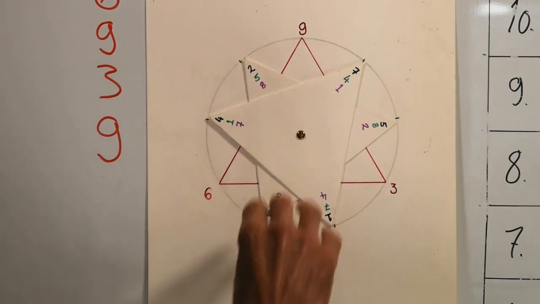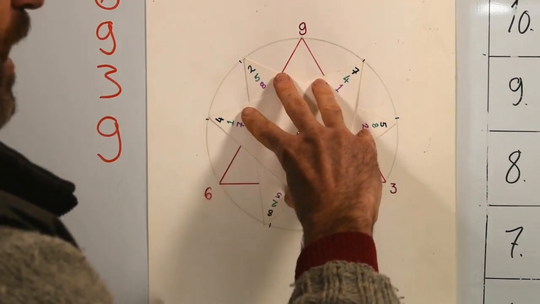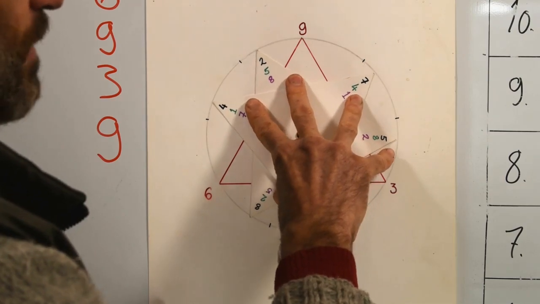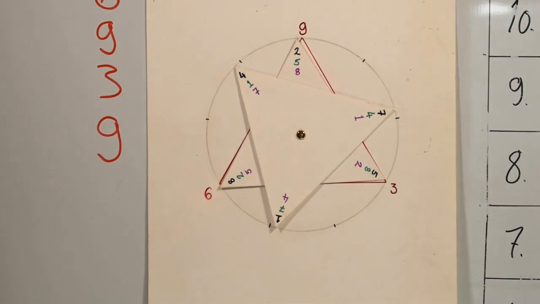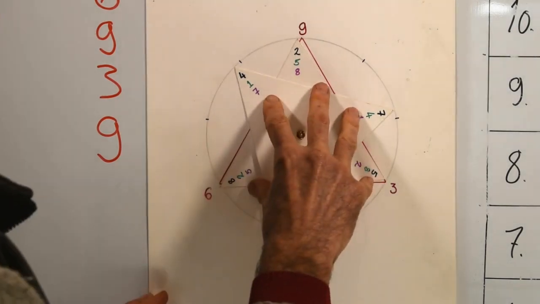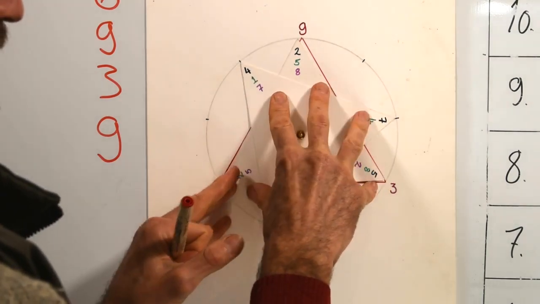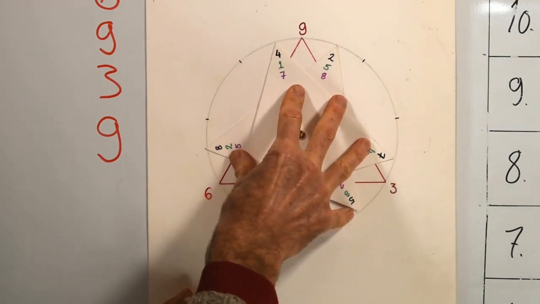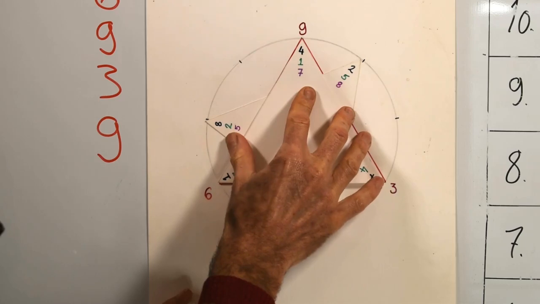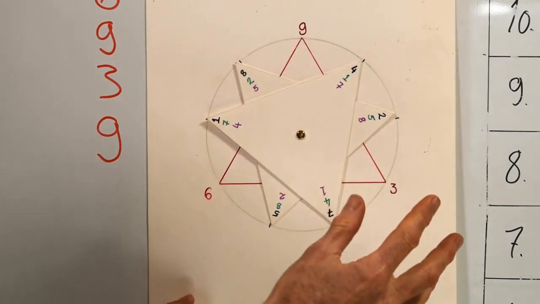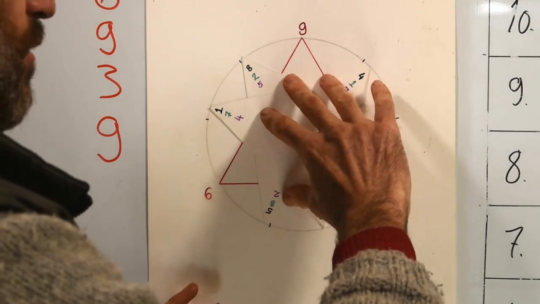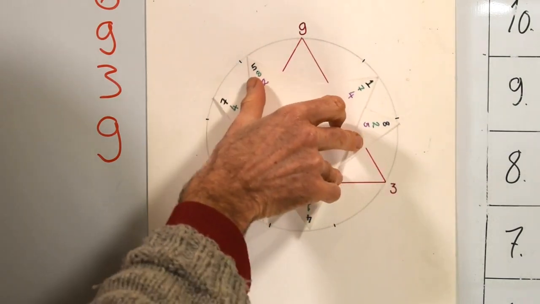Just to briefly point out that if we'd said the triangles move in the same direction at the same time, well, this is what you get. You get an odd looking, unbalanced 6-pointed star. Then you get another unbalanced 6-pointed star, and then finally you get to your 9-pointed star, and so on and so forth all the way around.